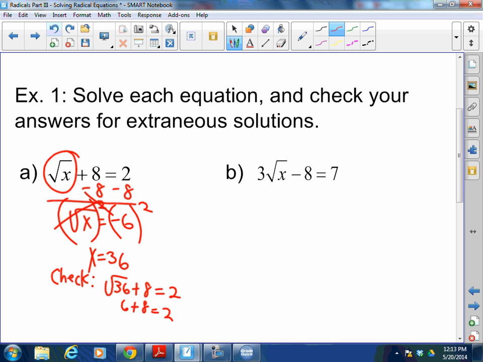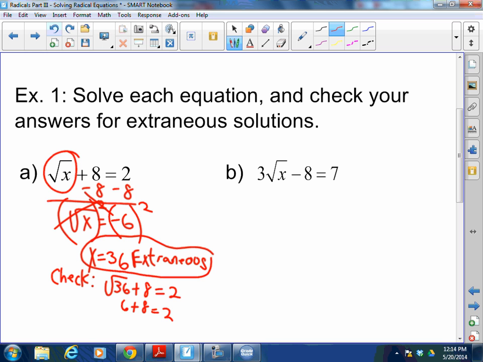So this here is an extraneous solution. Please, my friends, you have to check every single answer, every single time. You have to. Unfortunately, there's no choice.